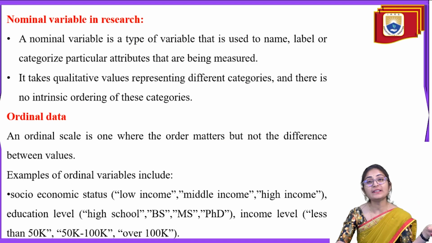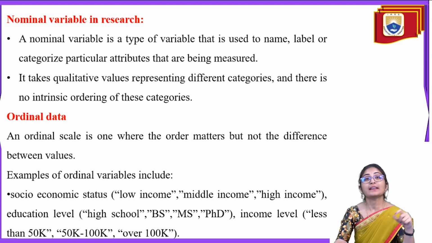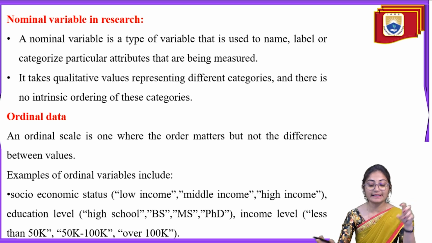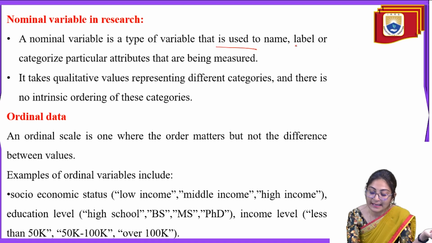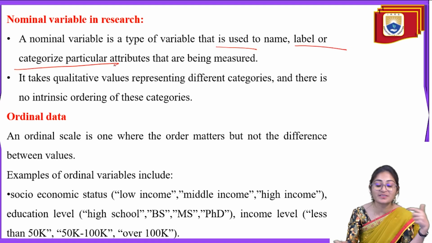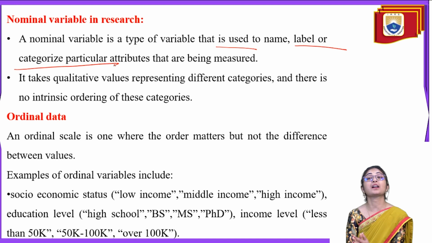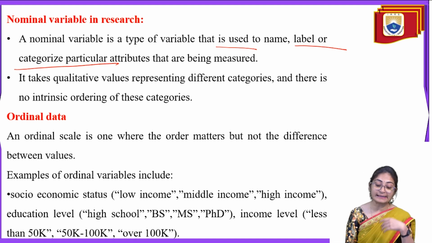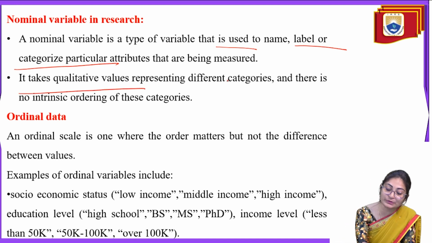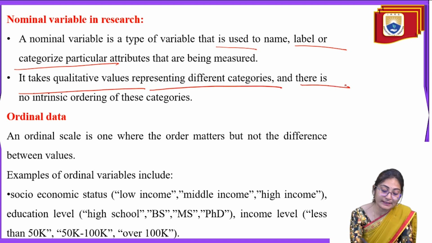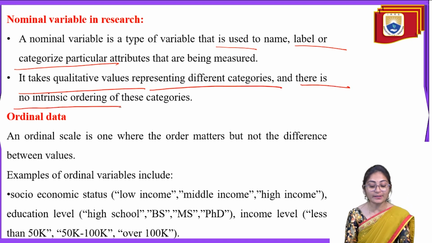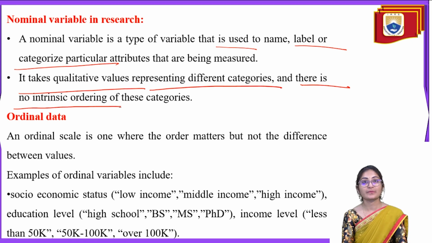Now, nominal variable in research. A nominal variable is a type of variable that is used to name, label or categorize particular attributes that are being measured. It takes qualitative values representing different categories, and there is no intrinsic ordering of these categories.